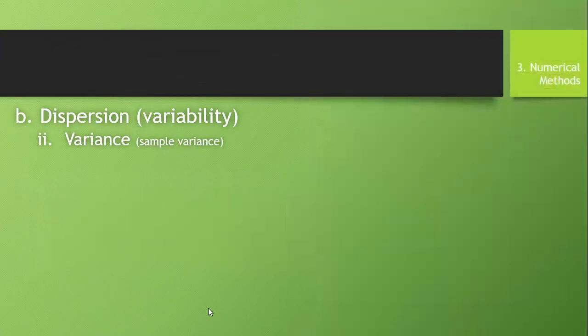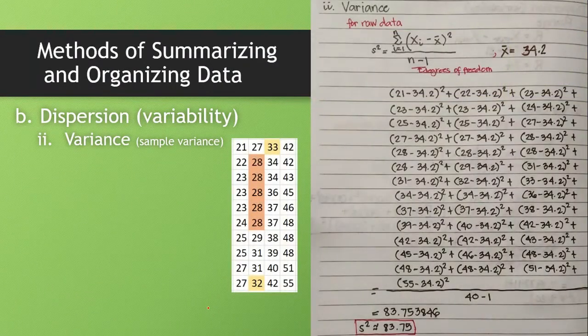Now let's check with the ungrouped data. So the equation is the value, subtract it by the mean. If you will recall, our mean is equal to 34.2. So each of the values will be subtracted by the mean.